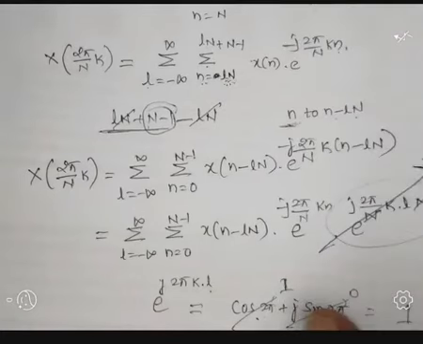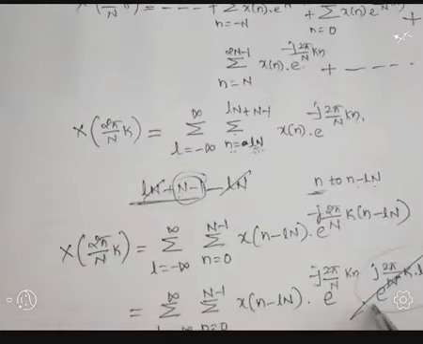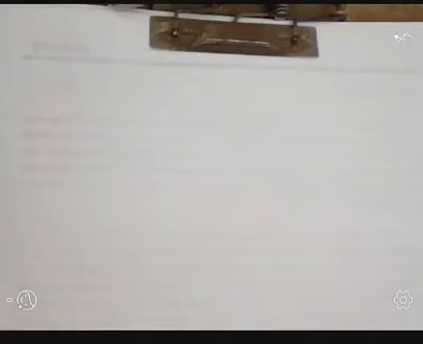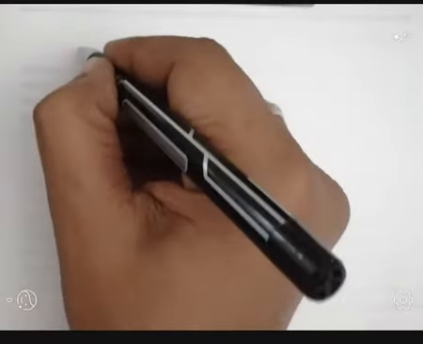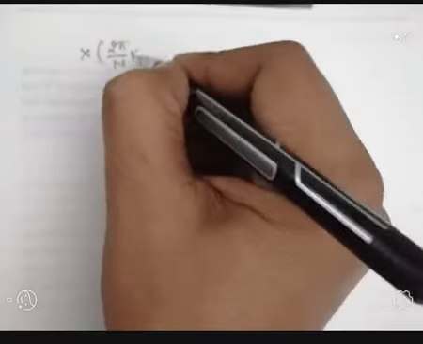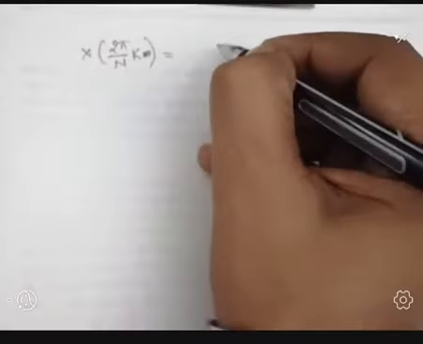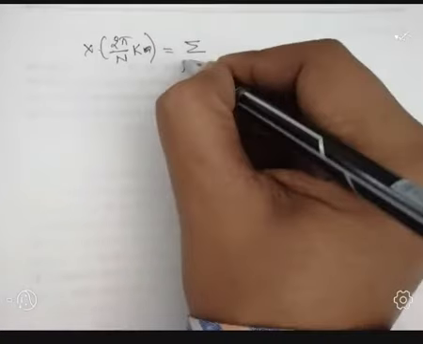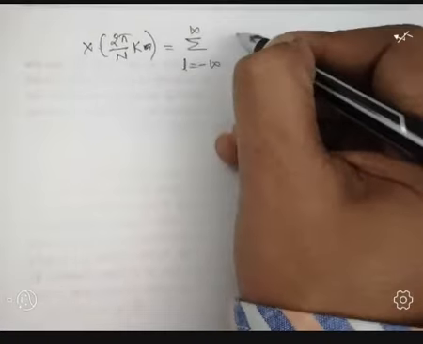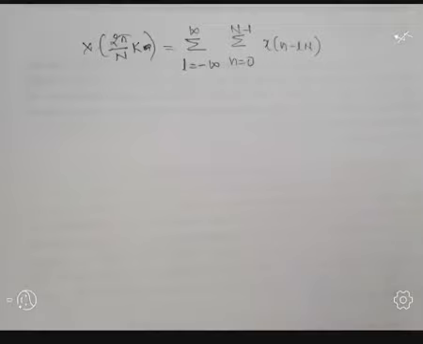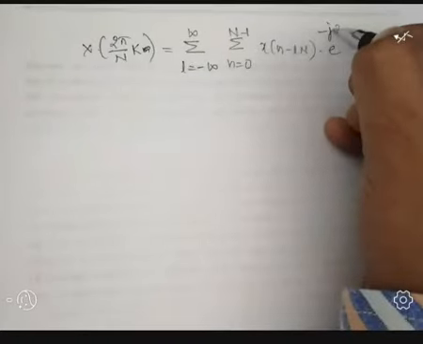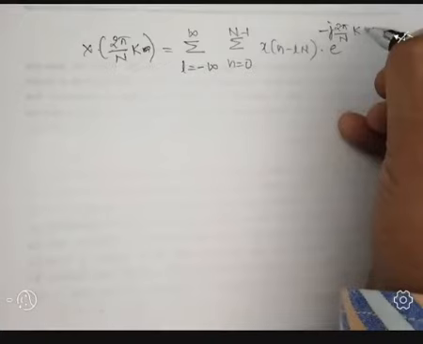Next, simplifying, what we are getting. If you replace it by 1, this equation we can write as x of 2 pi by N into k is equal to summation l equal to minus infinity to plus infinity, summation n equal to 0 to N minus 1, x of n minus lN multiplied by e to the power minus j 2 pi by N into kn.